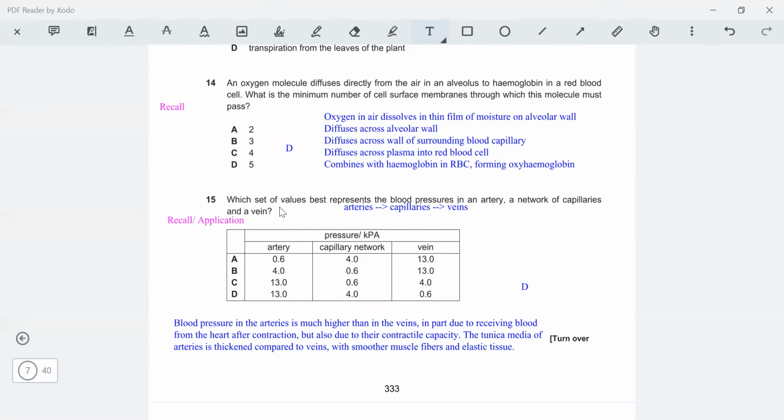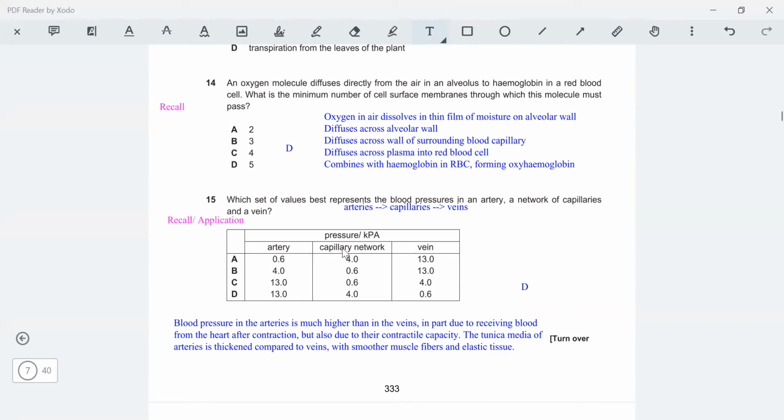The blood pressure in the arteries is much higher than in the veins because the artery mainly receives blood from the heart after contraction. And the walls of the artery are thickened compared to veins, with smooth muscle fibers and elastic tissue. Hence, the artery will be the highest amongst the three, so A and B are out.